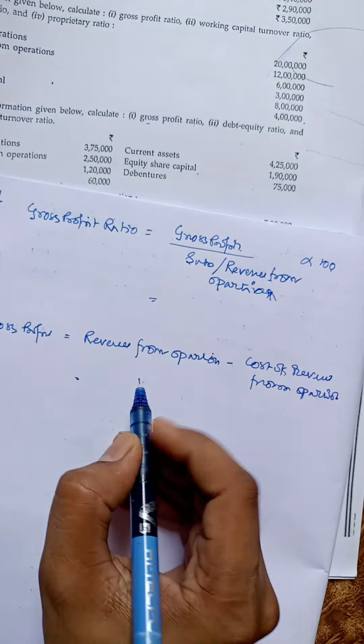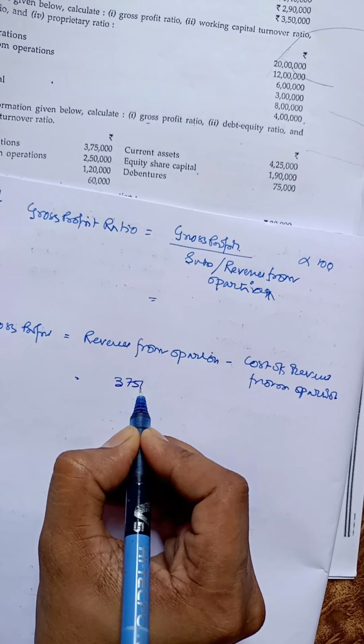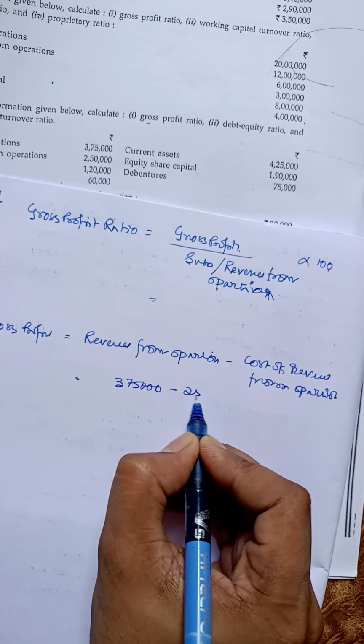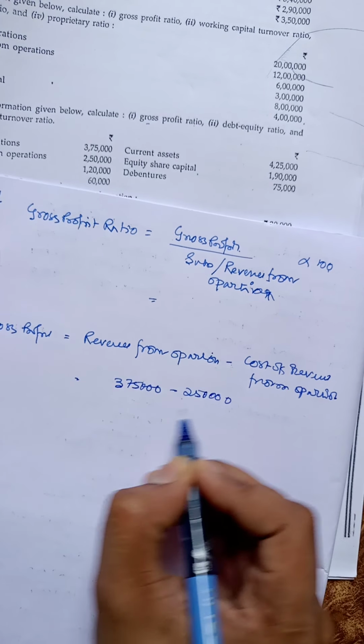Now here the revenue from operation is 3,75,000 and the cost of revenue from operation is 2,50,000.